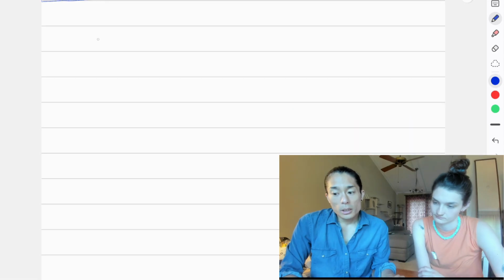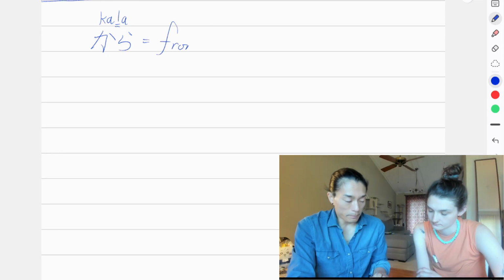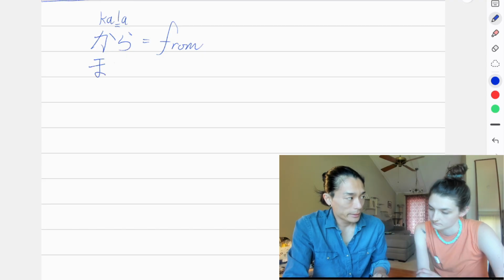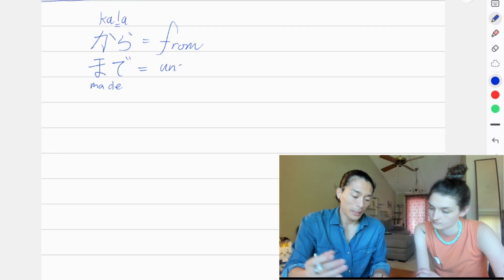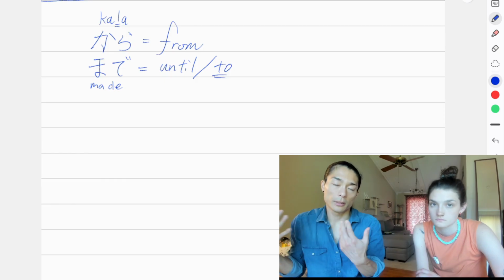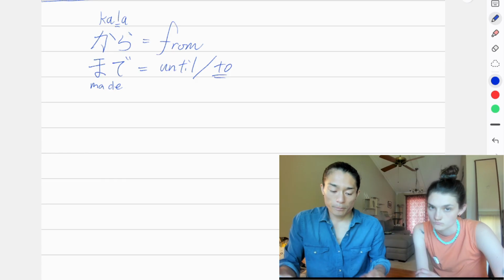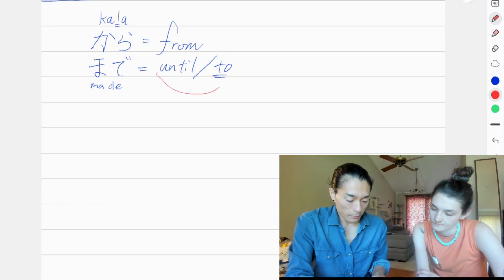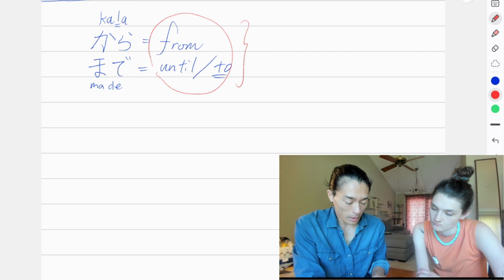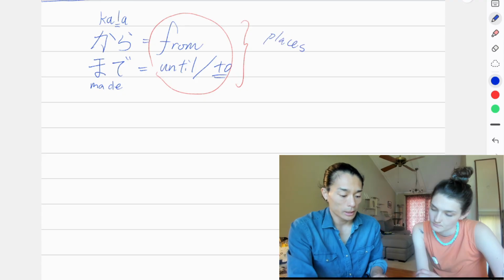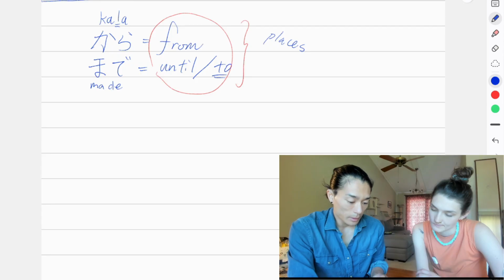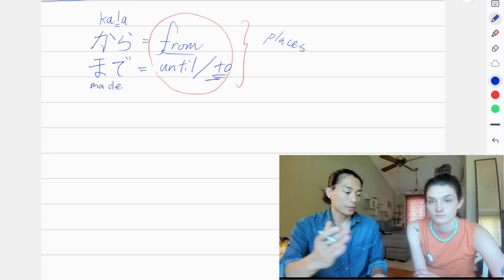Next one. We have some simple particles that we can just use right away. Kara means from. Made means until or to. Like from 10 to 1 I studied, right? When it comes to from and until or to, we can use these in many different ways. For example, places. Like I traveled from Japan to Europe, right?